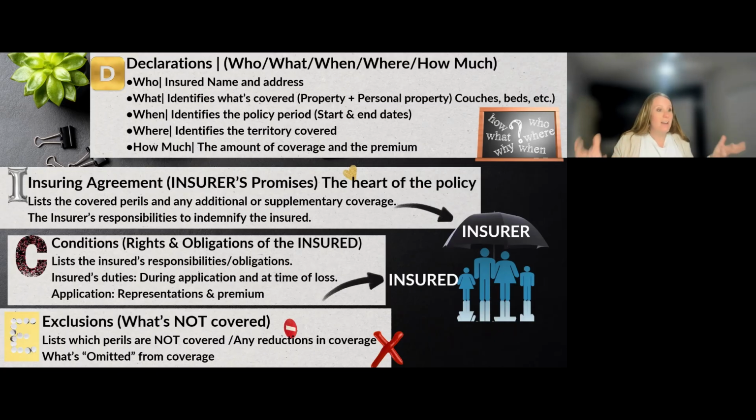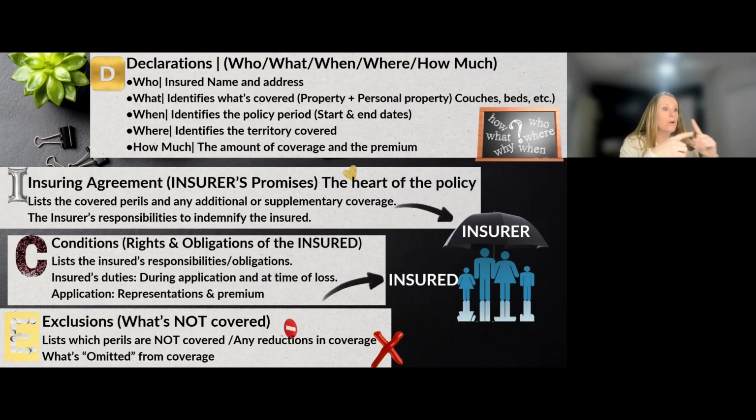When is your effective date, your start date and your end date. Where is your policy territory. If we're talking about property coverage, a homeowners, it's where is the home located? If we're talking about auto, that's your territory coverage, so that would be the US, its territories, Puerto Rico and Canada. We don't have coverage that extends to Mexico. So you're going to need to know what those policy territories are for each policy.